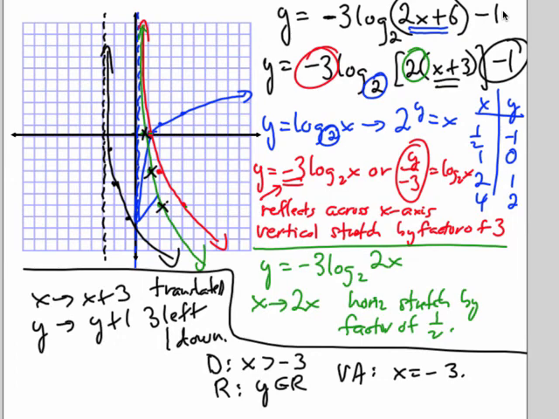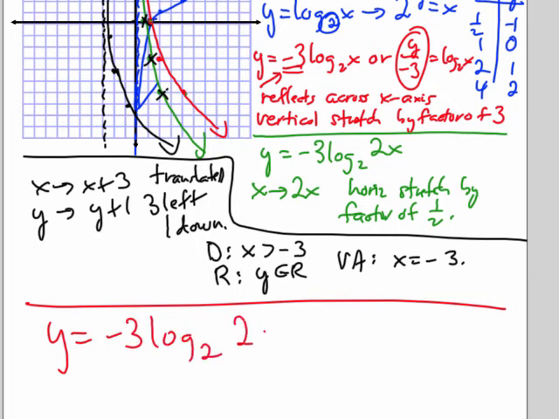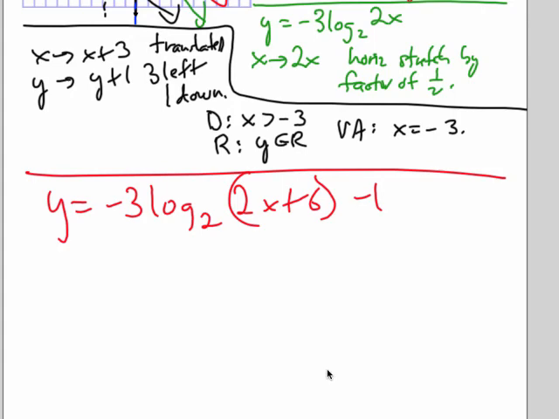Now just to finish all of this off and test whether our function is correct, let's just use our calculator. So I'm going to enter my original function, which was y equals negative 3 log base 2 of (2x plus 6) minus 1. But I've got to remember that on my calculator, I've only got base 10 logs. I don't have base 2 logs. So what I'm going to have to do for this piece is use my change of base rule, which would be negative 3 times, and I'm going to change this to base 10 since that's what's on my calculator.